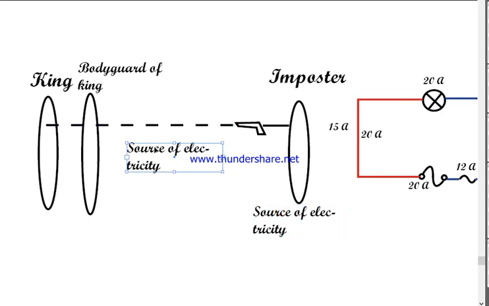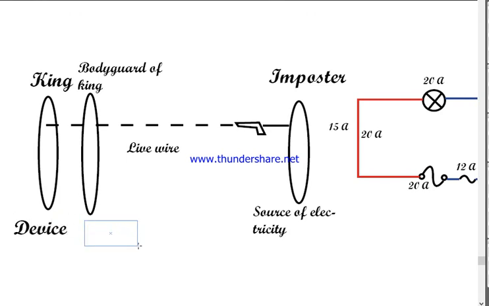Just suppose. And the king is actually a device, and the bodyguard is a fuse. See, in this way, by staying in the live wire, in the path between the device and the source of electricity, the fuse protects the device.